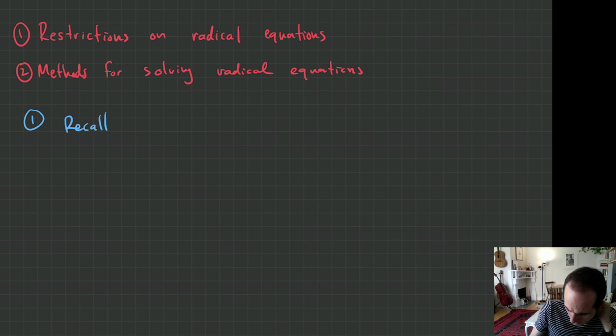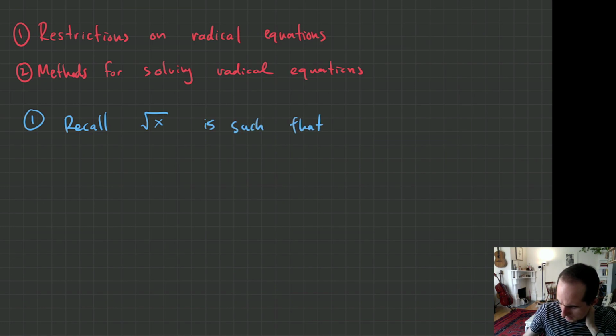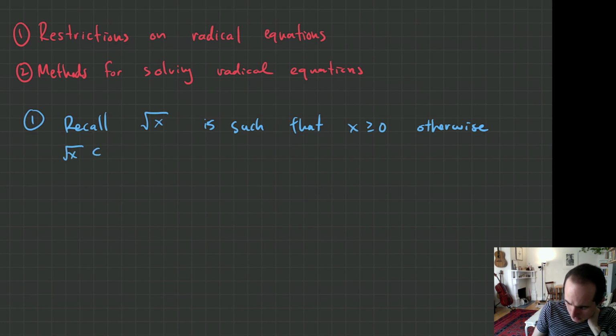Recall, the square root of x is such that x must be greater than or equal to 0, right? Otherwise, the square root of x is not a real number, i.e. the square root of x would be a complex number.